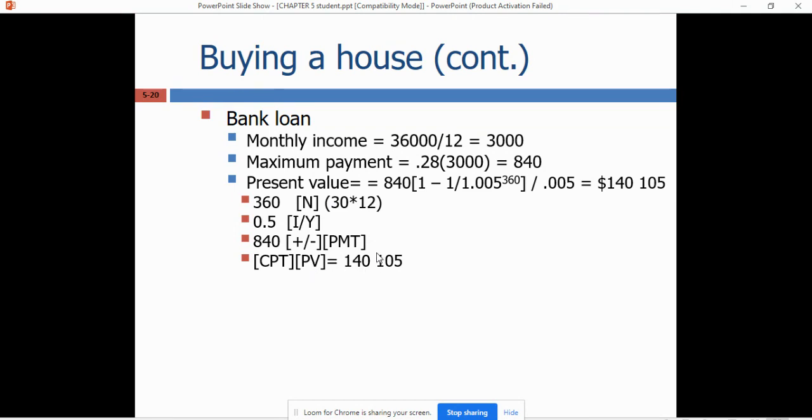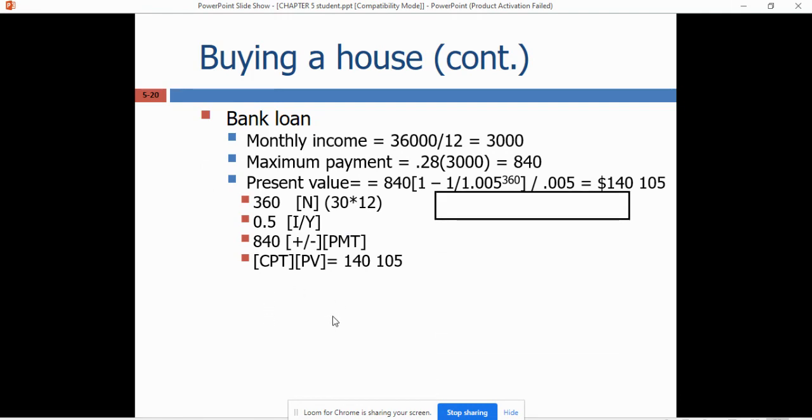Using the formula you should be getting 140,105. You might not be able to calculate using the PV table because I don't think you have n equals 360 or I equals 0.5. So you have to use the present value annuity formula.